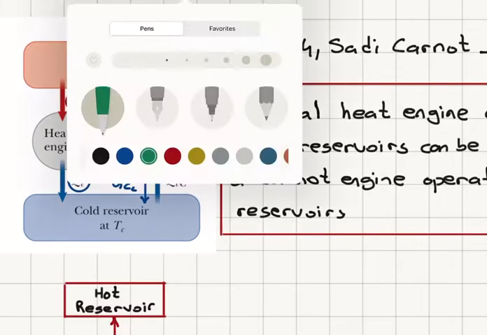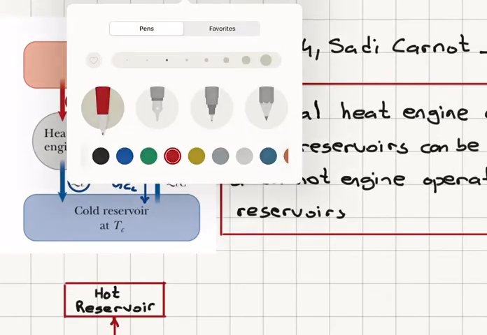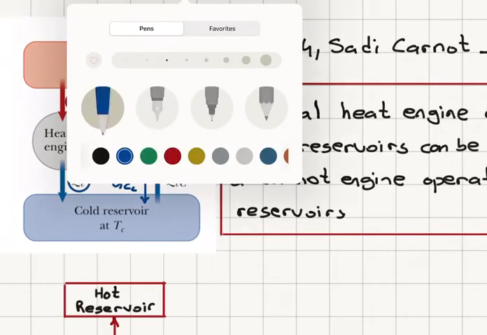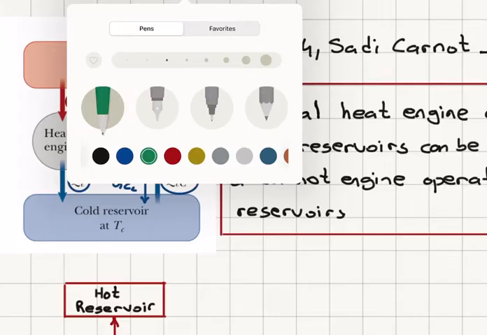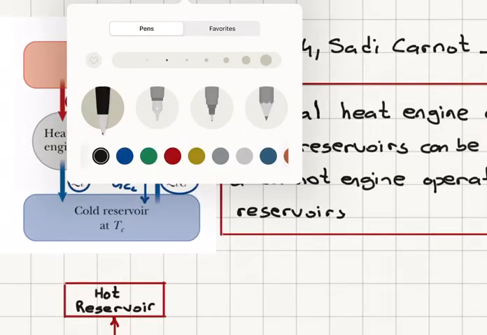when operated as a heat engine. When it is operated as a heat pump, it will absorb heat from the cold reservoir and provide heat to the hot reservoir. So this is the absorbed heat, the provided heat, and it would also require some work W to be added in order to operate it as a heat pump.